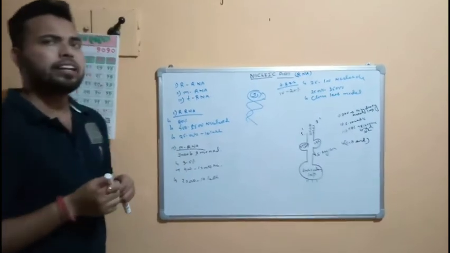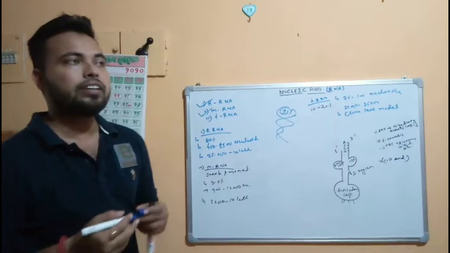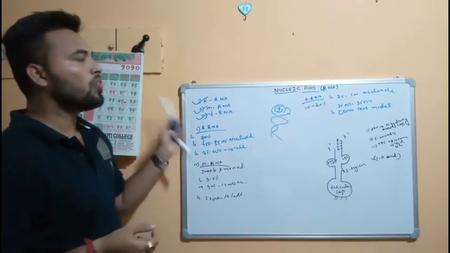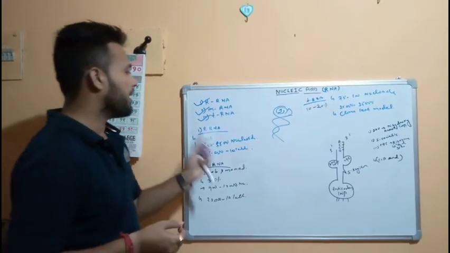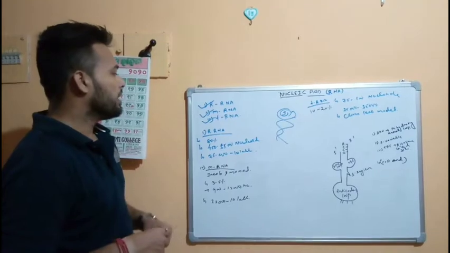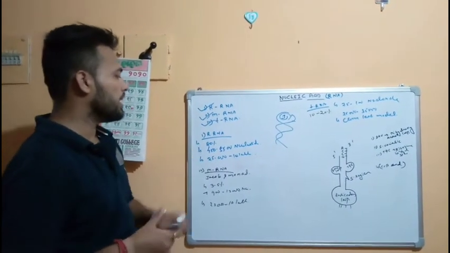There are mainly three types of RNA: rRNA, mRNA and tRNA. First is rRNA, otherwise known as ribosomal RNA. rRNA makes up 80% of the total RNA composition of the cell.